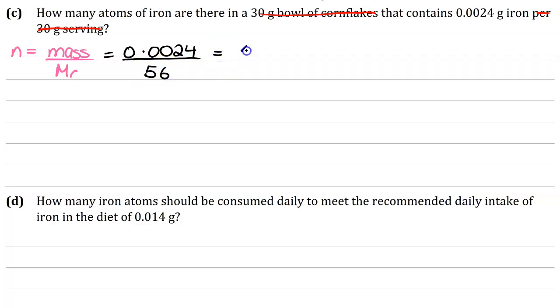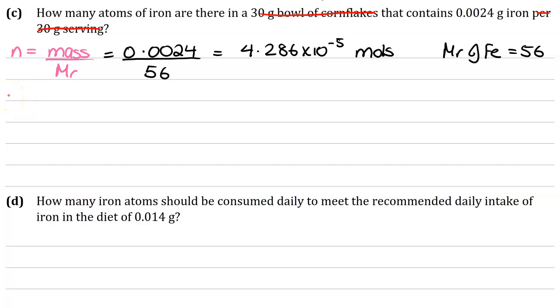We work that out, then we get 4.286 by 10 to the minus 5 moles. Now it'll probably give you that on the calculator because the number is quite small and awkward. At this stage, because it's minus 5, it's probably easier to give it in scientific notation like that, because you can lose quite a lot of decimal places if we don't. Now it's really important that you keep that figure in the calculator for the next part of the calculation.